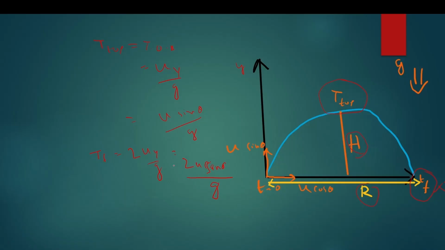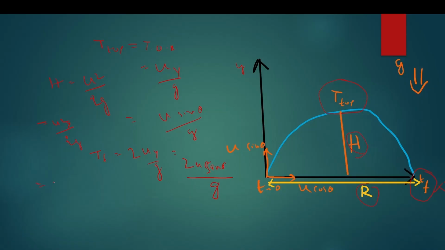Now similarly, the maximum height h, we also calculated in the vertical motion diagram, that h equal to u square upon 2g. But here the ux component is 0, so uy square upon 2g.